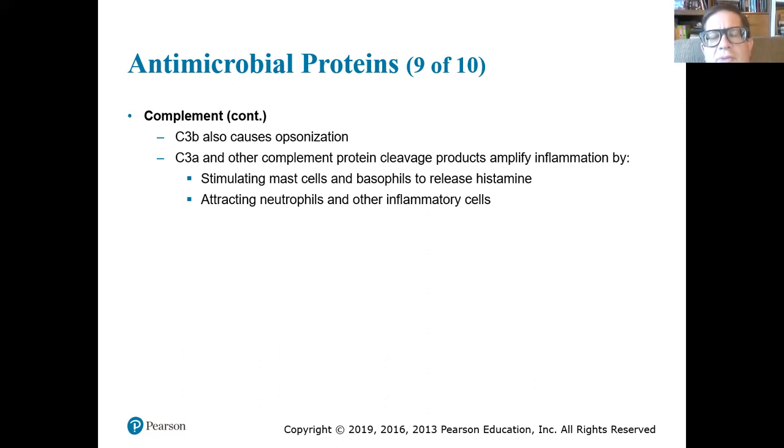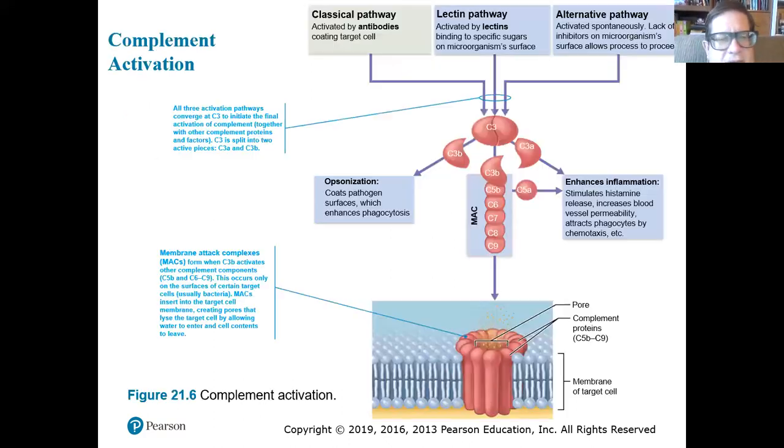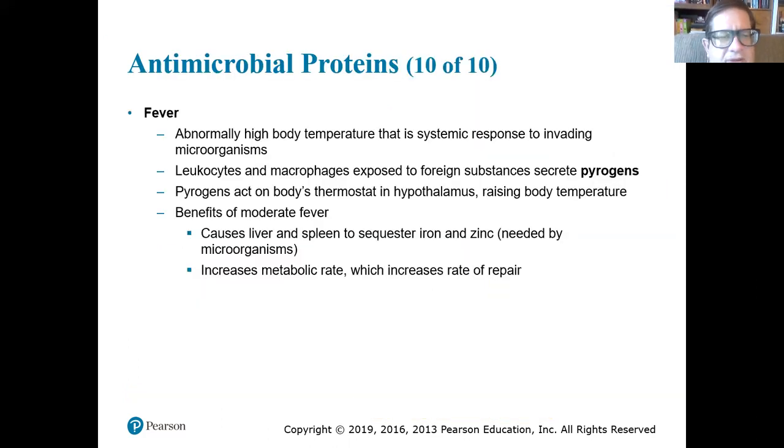That's going to cause vasodilation of the blood vessels and make them more permeable. The complement protein is going to be one of the things that attracts the neutrophils. Remember, we talked about chemotaxis. One of the things they're sniffing for is this C3a. Anyway, so we've got that.